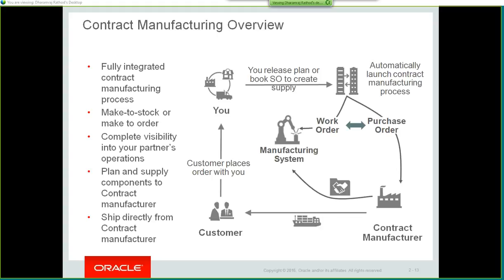You can replicate it by creating an organization which is classified as external. We call it the contract manufacturer virtual organization. So within your enterprise, you can create an organization which will be a virtual organization which resembles the operations of your contract manufacturer. So you have got all of these flows.